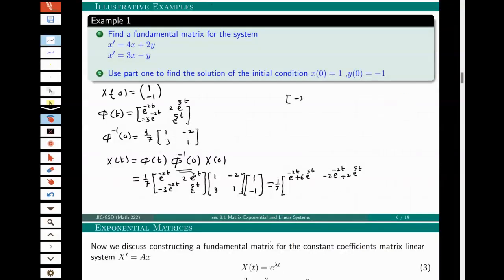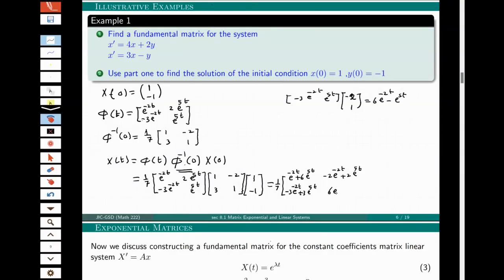Same thing we do with the second row, which is minus 3 e raised to the power minus 2t and e to the power 5t, times the first column, 1 and 3. So I will get minus 3 e raised to the power minus 2t plus 3 e to the power 5t. Now the second row times the second column, which is minus 2 and 1. That will be 6 e raised to the power minus 2t minus... e to the power 5t.